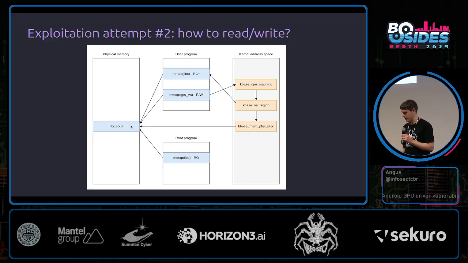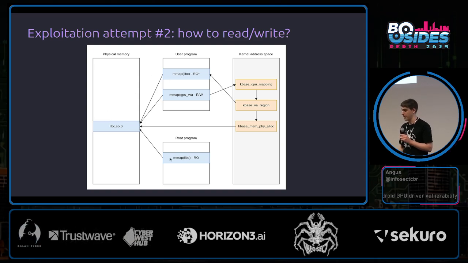We have some underlying physical memory that's shared between a user program and a root process, and we have both read and write access to it, which is violating core security guarantees. And we can just write arbitrary shellcode to this. We can start injecting malicious data, and because this root program also maps this page in its libc, whenever it goes to execute some libc code, it's going to start running our malicious shellcode.